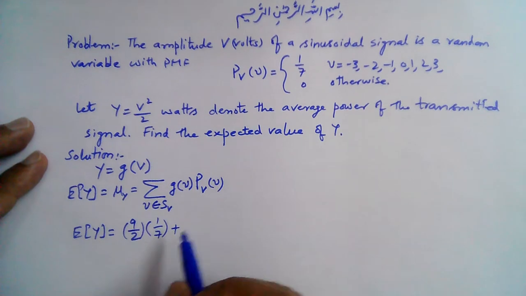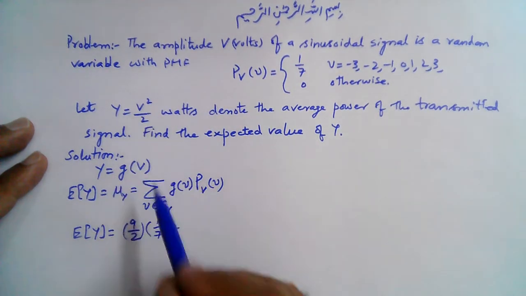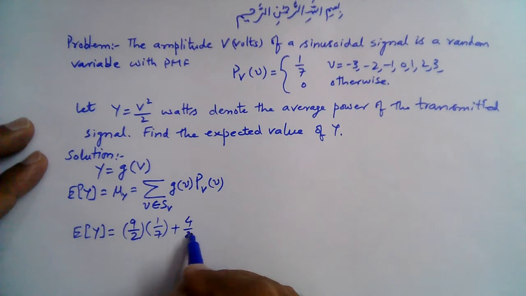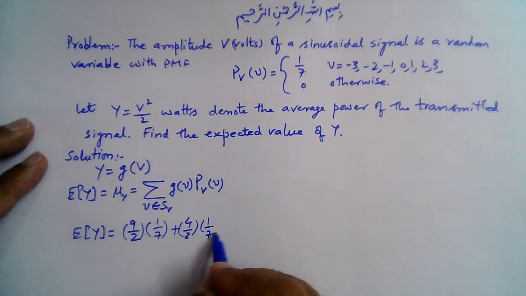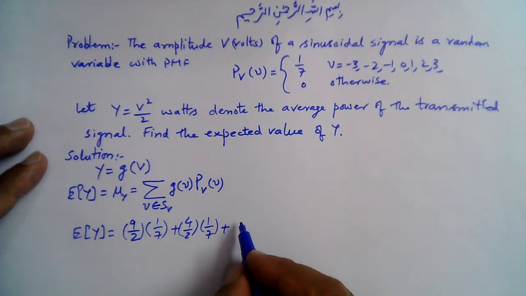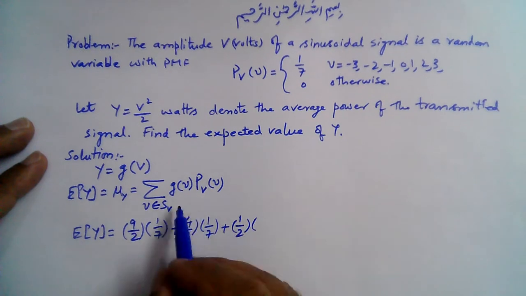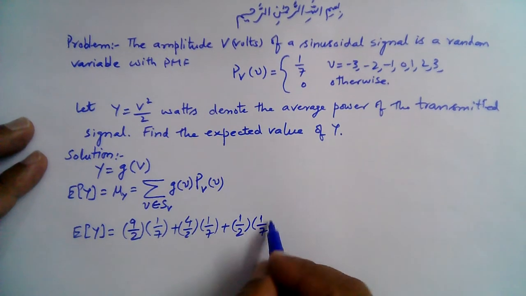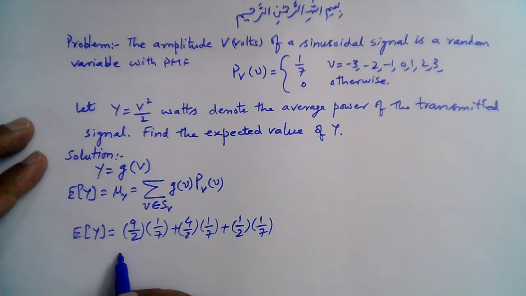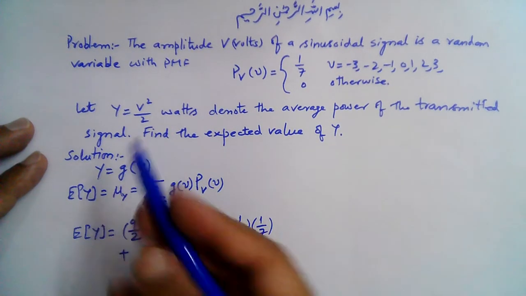Then plus the next value is minus 2. So minus 2 square, so this is 4 over 2 multiplied by 1 over 7. Then the next value is minus 1. So minus 1 square over 2. So that is 1 over 2 multiplied by the probability, which is 1 over 7, right? And then 0.